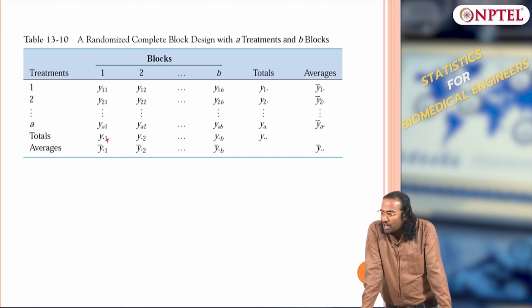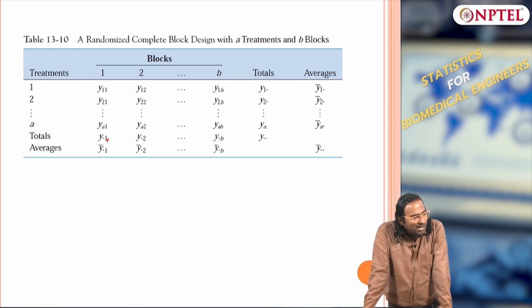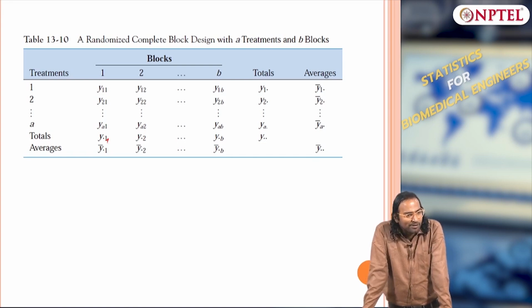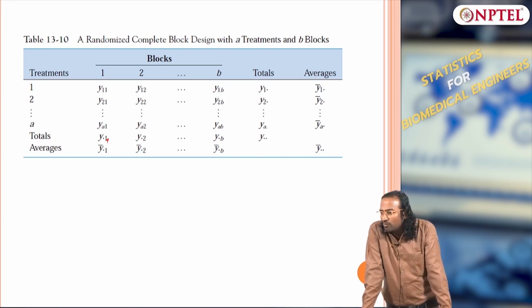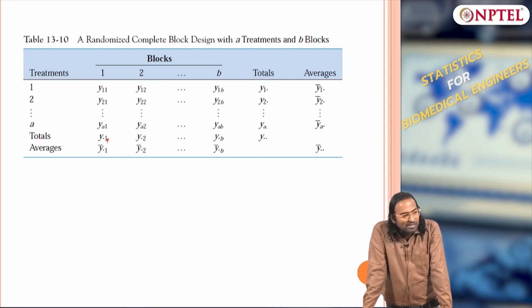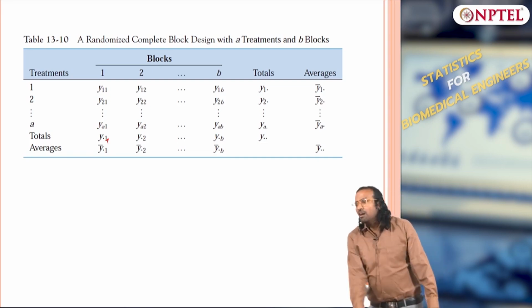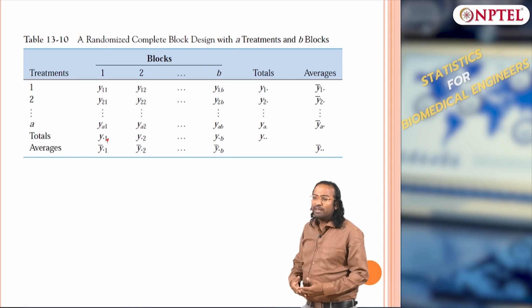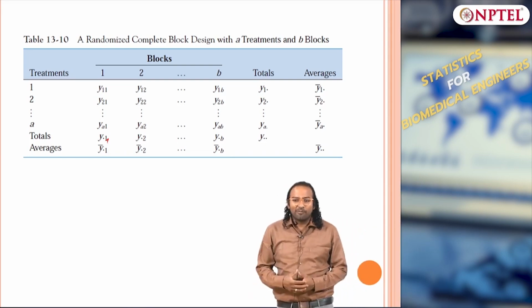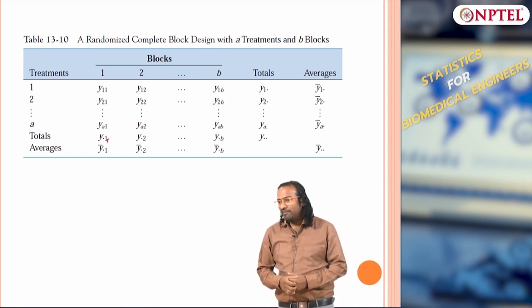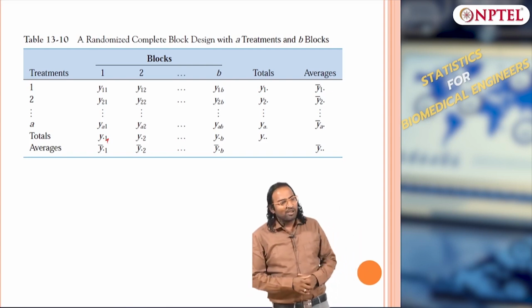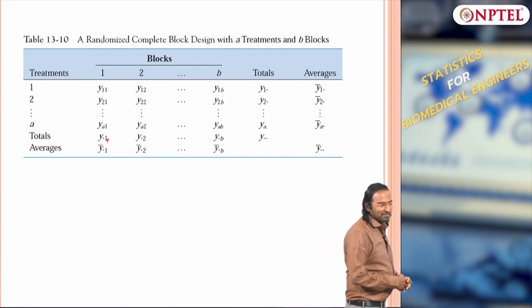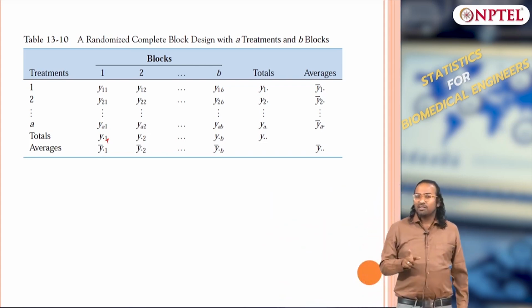But why is it not working? Because you have included younger people in the study, which you should have discarded, or you should have at least blocked its effect and then said that for this age group it is not working, for this age group it is working. But if you do not consider that, then overall it will appear that the treatment has no effect, although there is an effect.